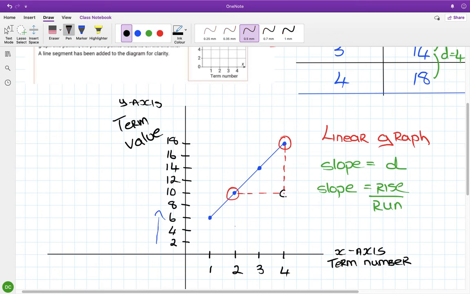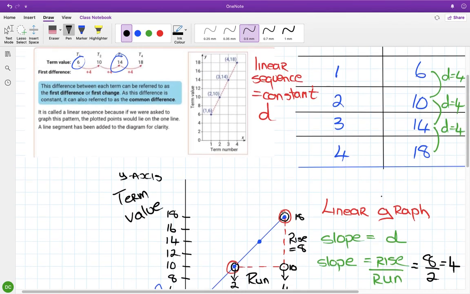This one is at 10, and this one is at 18, so the rise is 18 minus 10, which is 8. The run starts here at 2 and goes to 4, so the run is 4 minus 2, which is 2. The rise is 8, the run is 2, giving me 4, and that's what the common difference was.